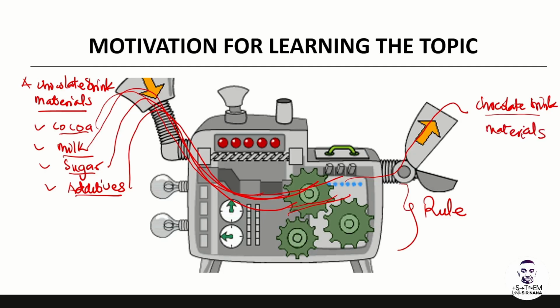Then we can say that this is a binary operation, right? So we say this is a binary operation because we have materials, cocoa, milk, sugar, and additives. We have placed them in a machine, and we've produced a chocolate drink, which also belongs to the set of materials.